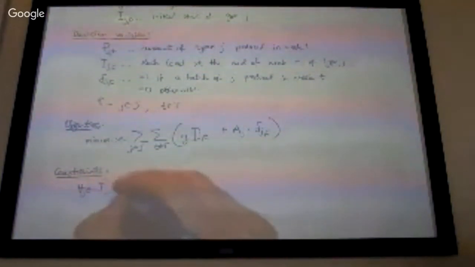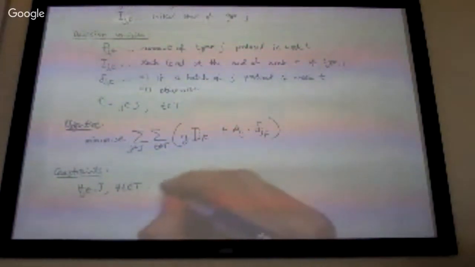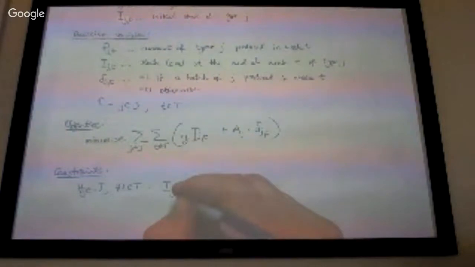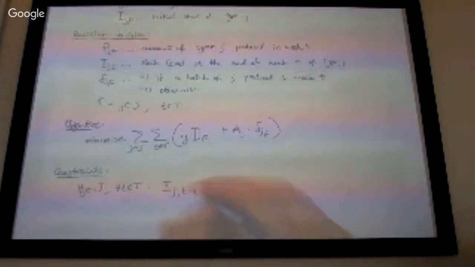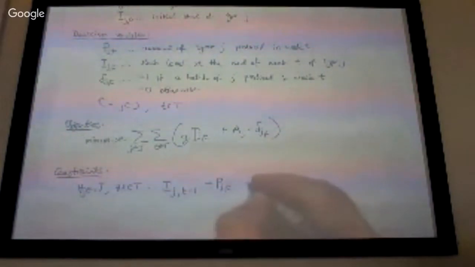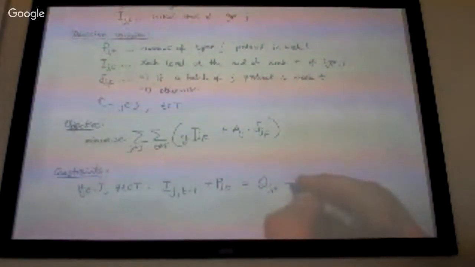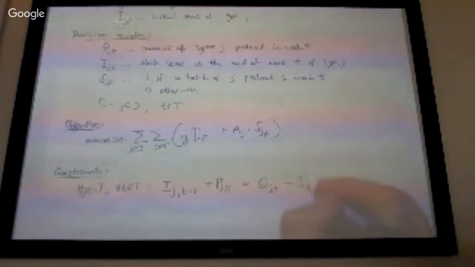So for each product group and each time period, continuity is that what I find at the end of the previous week, or the initial in the first period, plus the production in the current period, is what I get rid of, plus what I store at the end.